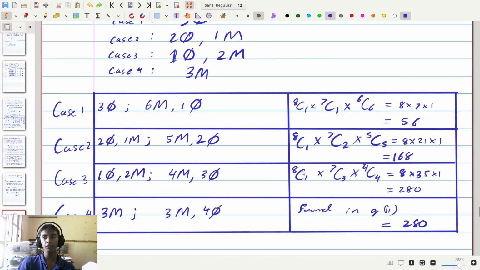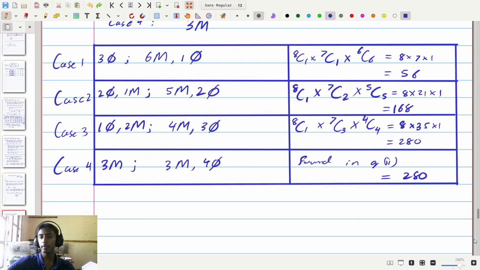So now we have the 4 different combinations that we could have in each situation where the one person gets 3 fruits. When the one person gets 3 fruits, they either get 3 oranges, 2 oranges and a mango, 1 orange and 2 mangoes, or 3 mangoes.